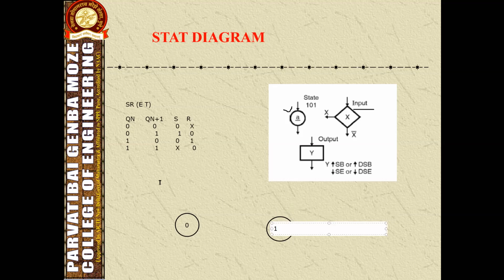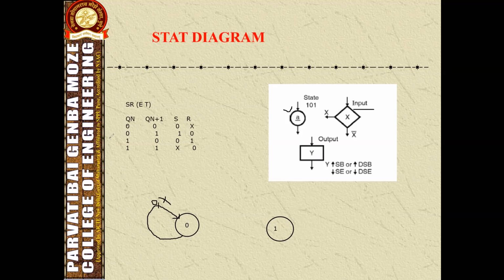What is happening here? See, the state is changing from 0 to 0. What is the input combination? S should be 0 and R should be undetermined. This input combination provides the same state. There is no change from present state to next state.